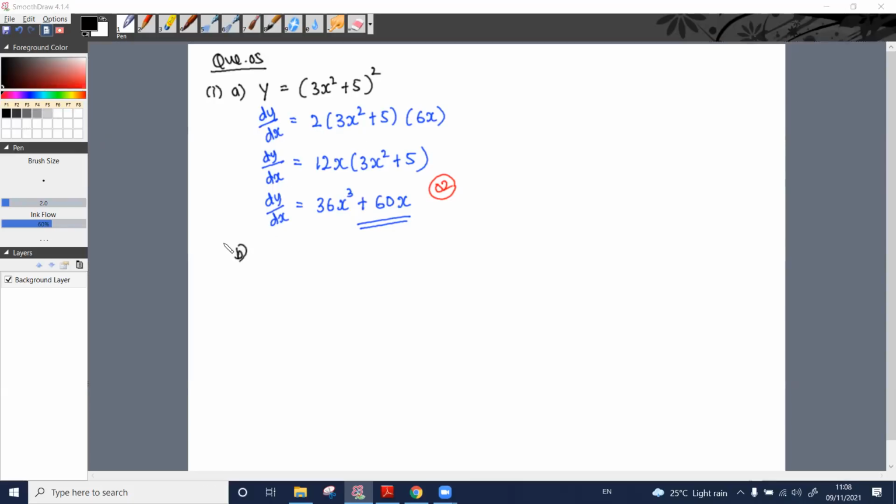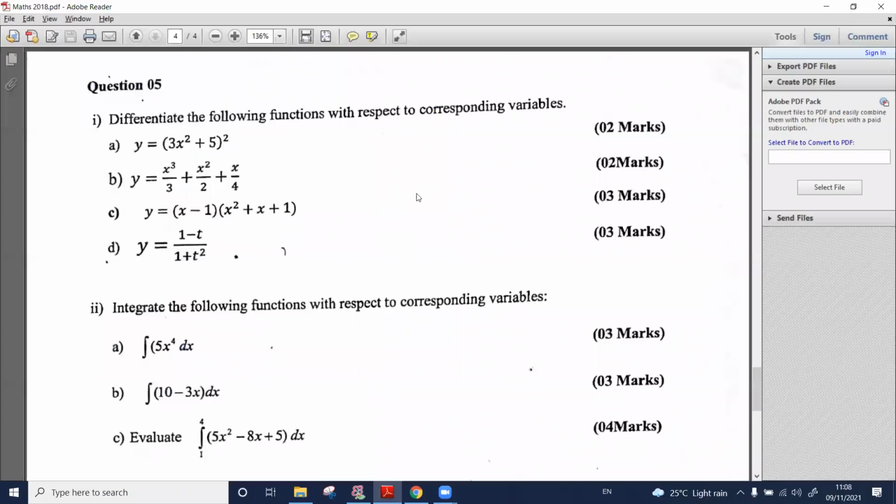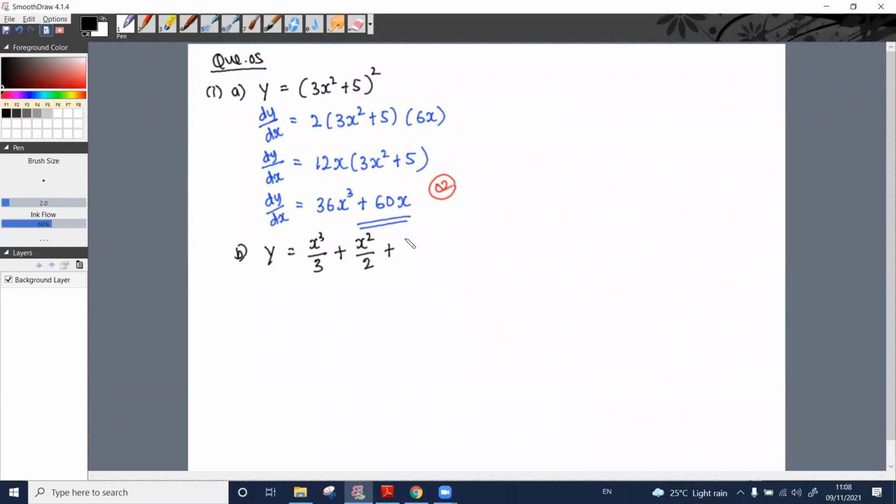Part B. Y equals x to the power 3 over 3 plus x squared over 2 plus x over 4. We need to differentiate this one. We need to find dy by dx.